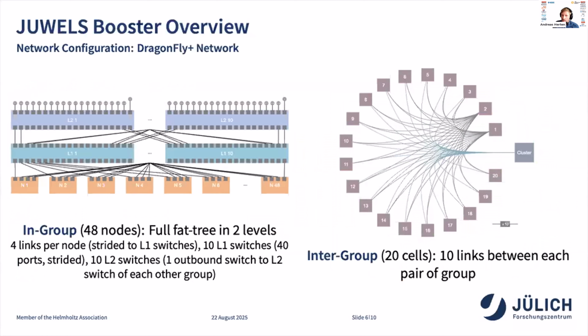The network is a Dragonfly Plus network where there is a difference between a global topology and a local topology. We assemble groups of nodes together in sets of 48 nodes, and then they are connected by switches in 2 levels. There is a full fat tree in those 2 levels, and I put down here all the details in case you find this interesting.